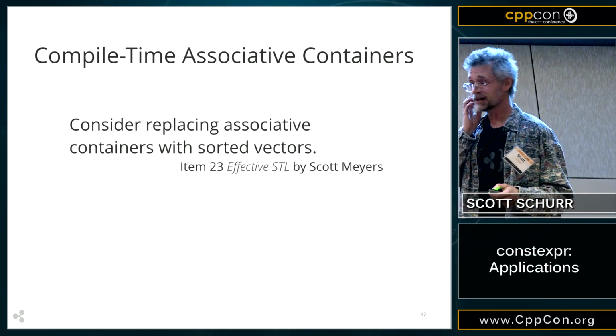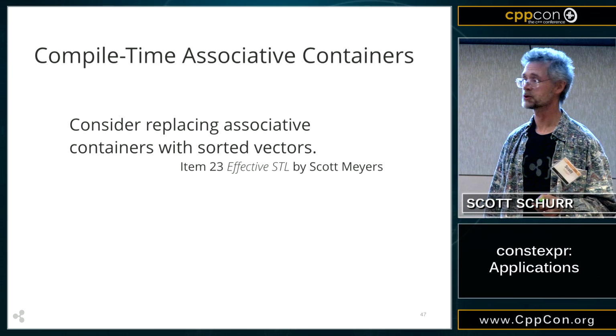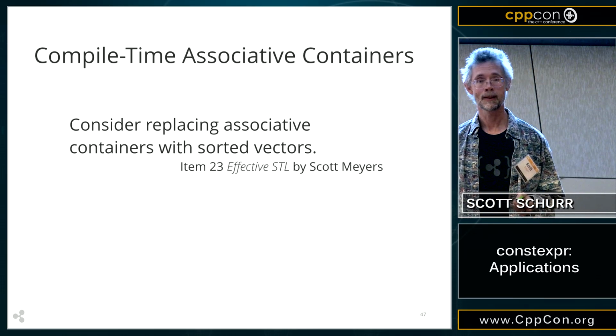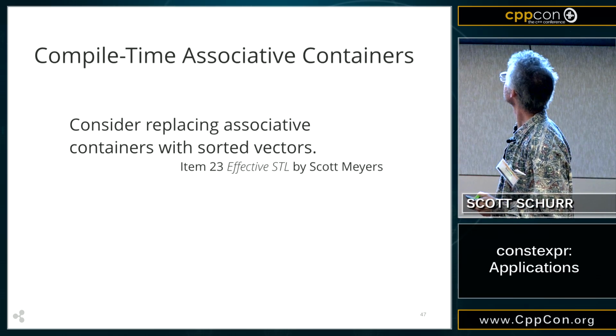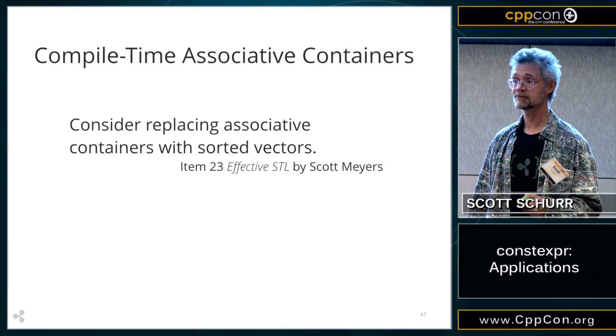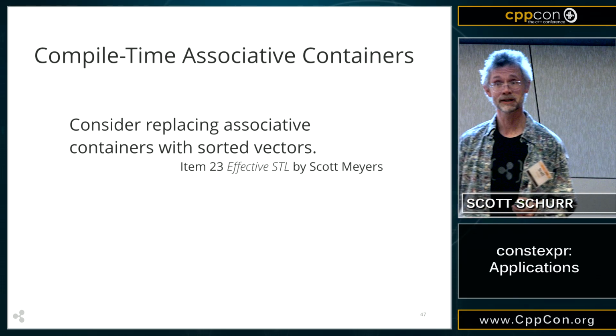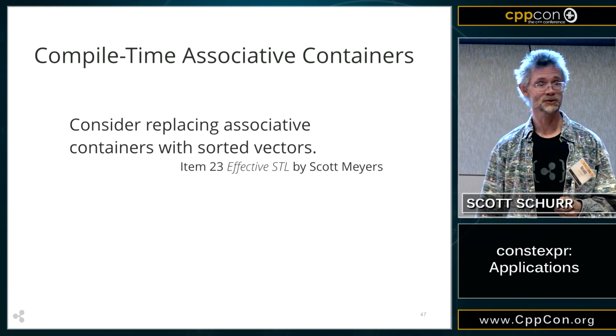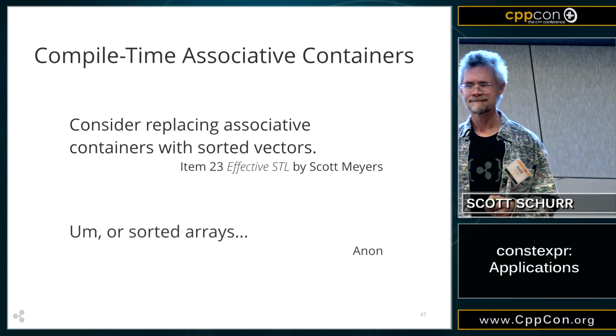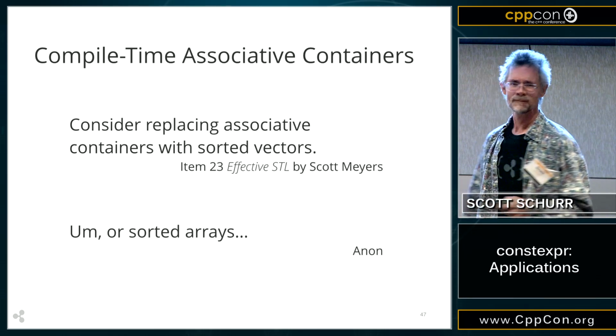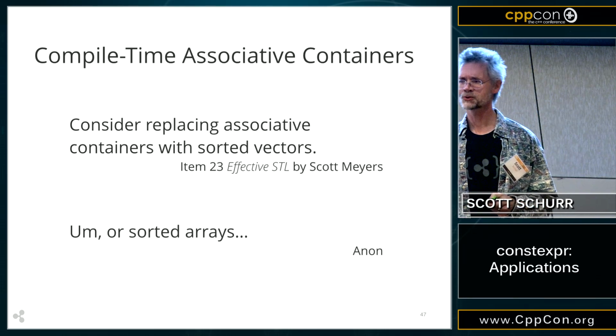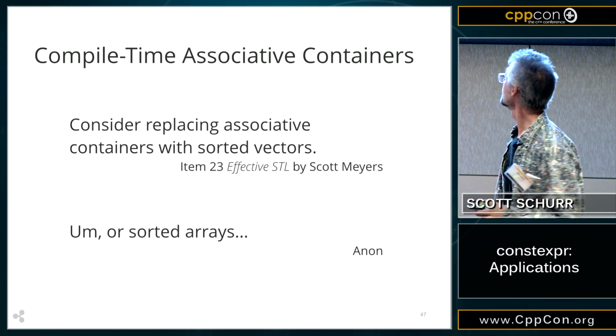So, all right, can we do an associative container? Well, okay, we can make a sorted vector and have that stand in for an associative container. Well, we have a sorted array now.